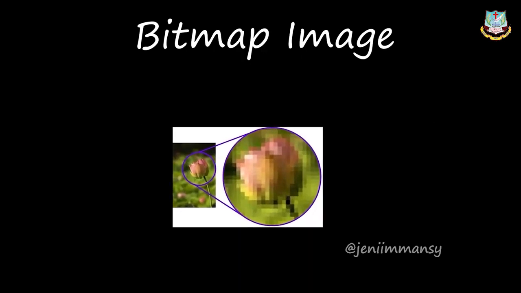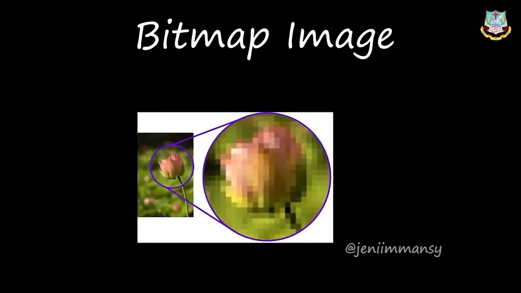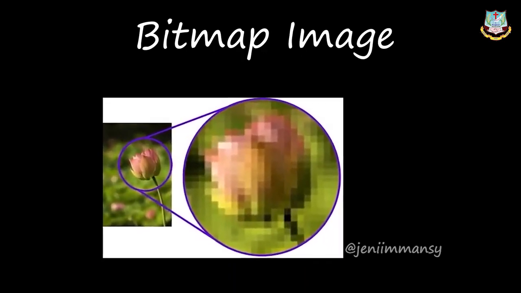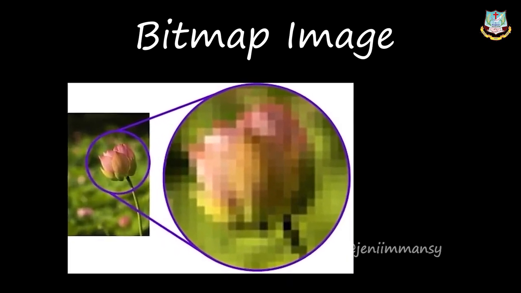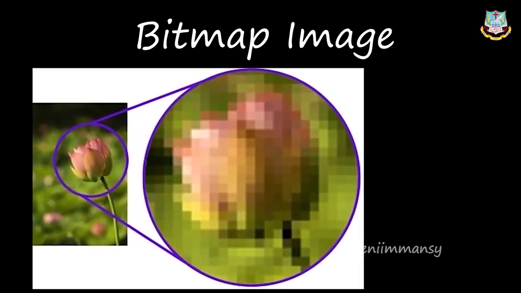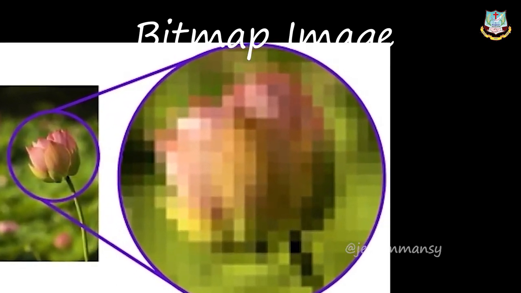Here we have an image, right? When I zoom it, we'll be able to find pixels there. Let's see what pixels are. Now I am zooming this image, and can you find small square boxes there? I'll just cut a portion of it and show you.